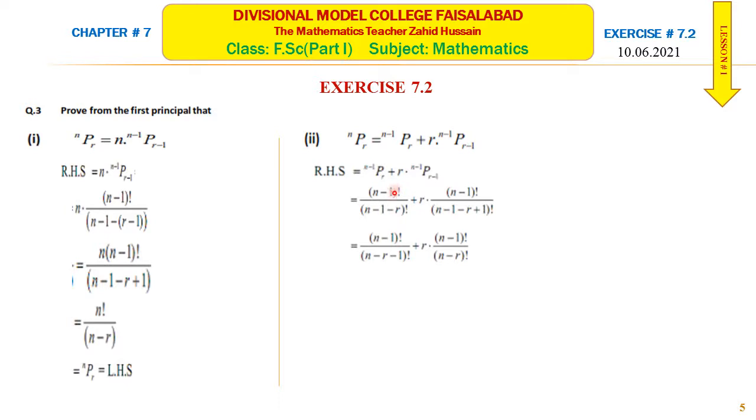So we get n minus 1 factorial in the numerator and n minus 1 minus r factorial in the denominator, plus r into n minus 1 factorial. Minus 1 is cancelled with plus 1, and we are left with n minus r factorial.